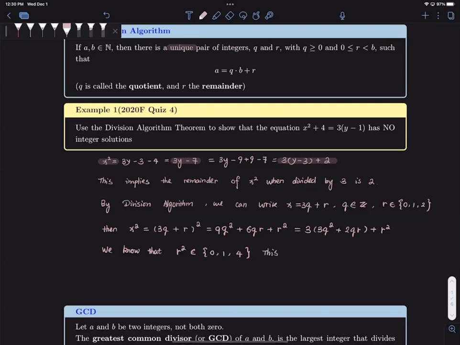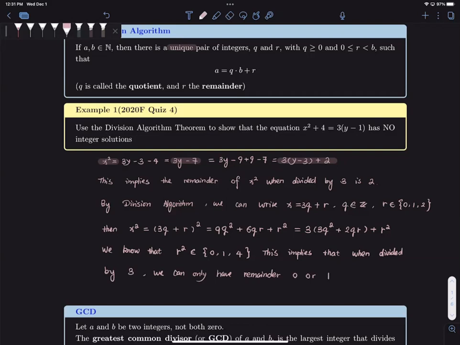So this implies that 1 divided by 3, we can only have remainder 0 or 1.